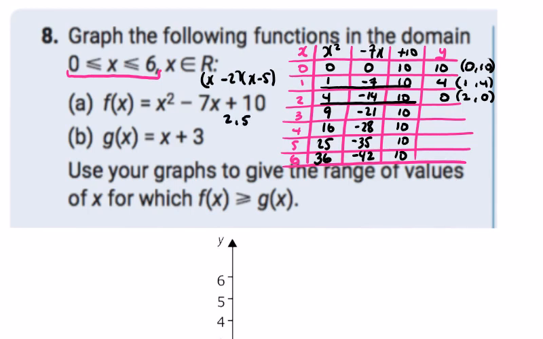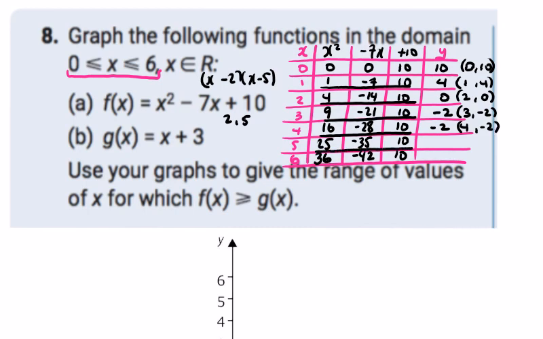So 5 should give 0, so 5, 0. So we have 9 and 10 is 19, minus 21 is minus 2. So 3, minus 2. And when we put 4 in, we get 16 and 10, 26 minus 28, minus 2 again. So 4, minus 2.